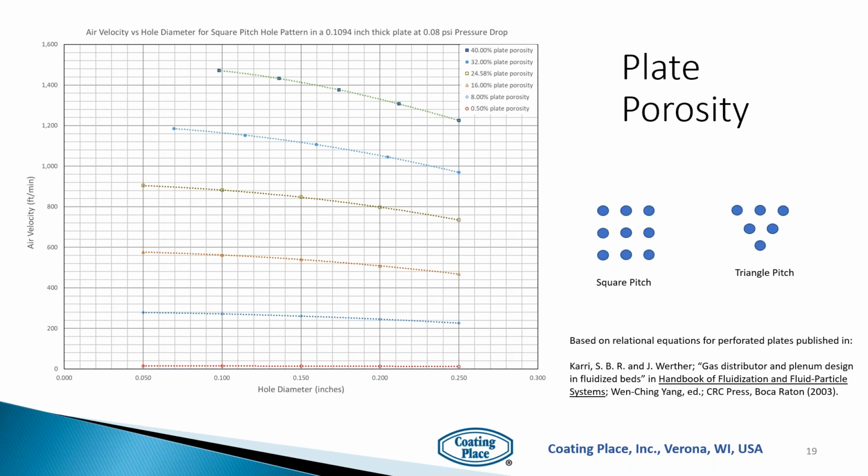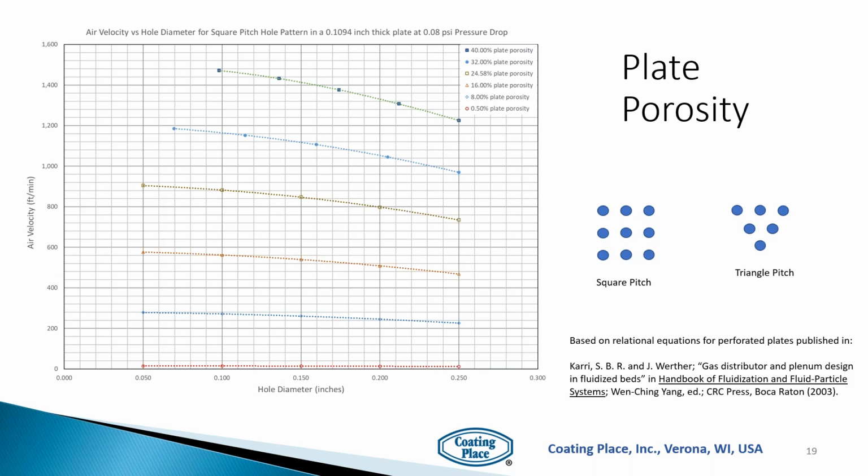Now, when these curves were generated, they were based on equations in the reference cited here. And this took into account the pitch, or the distance between holes, as well as the discharge coefficient associated with that array of holes. The pitch actually has a significant factor here, and that distance between holes basically is in a denominator position.